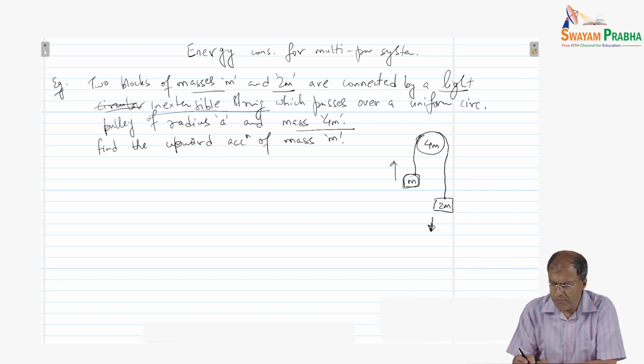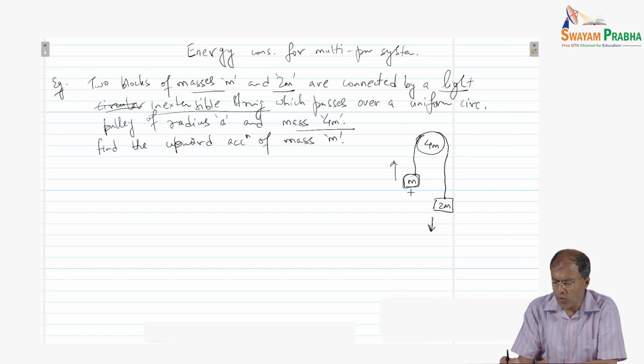So there are many ways to do this problem. We could possibly approach this problem using the laws of motion, or in this particular setup the easier route is we can use energy conservation, right?